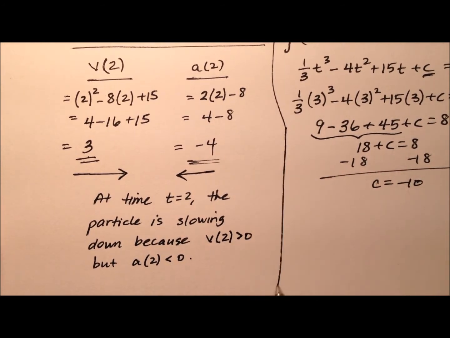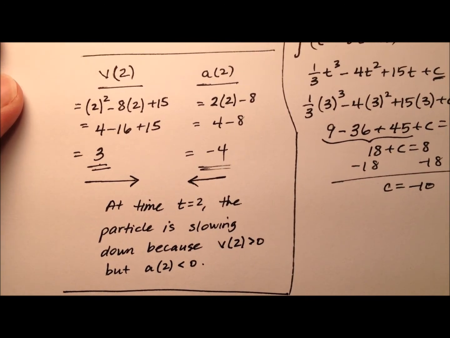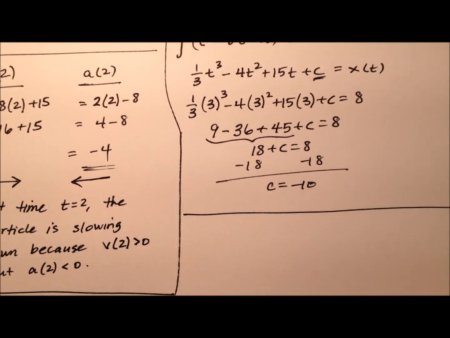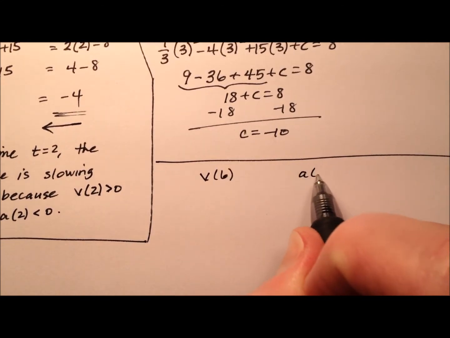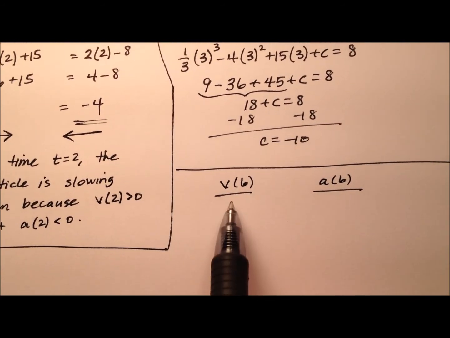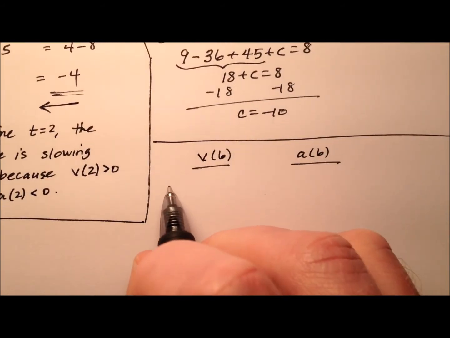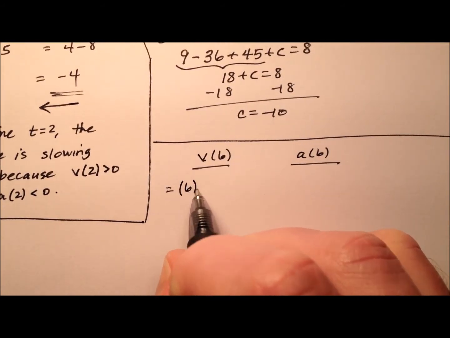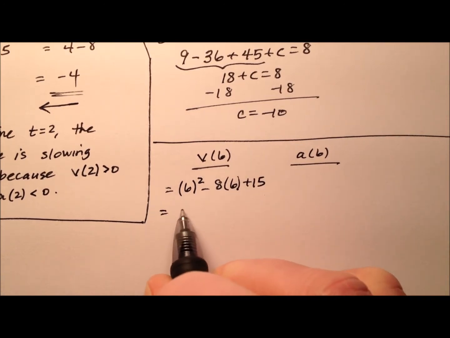Okay? So let's go ahead now and consider one more time. Let's say time t equals 6. So let's find v of 6 and a of 6, and then we'll compare those as well. For our velocity function, let's plug 6 in. So it's going to be 6 squared minus 8 times 6 plus 15.